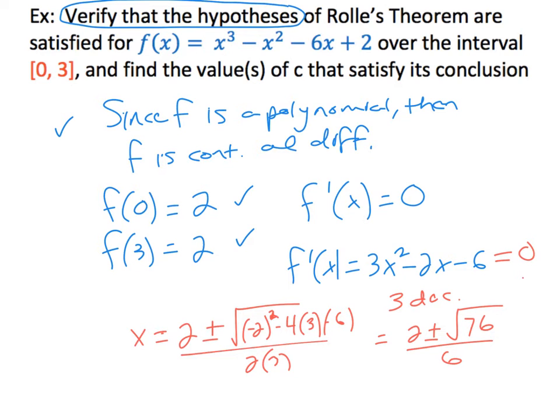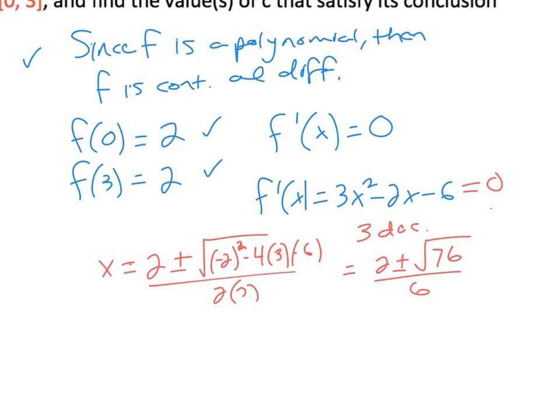If you wanted to break down the square root of 76, I think it becomes 2 square roots of 19, because 76 is 4 times 19, and it's all over 6, and you can reduce. If I cancel a 2 out of each term, it'd be 1 plus or minus the square root of 19, all over 3.